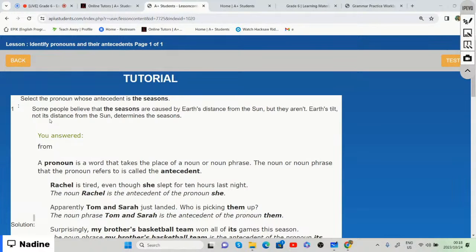Earth's tilt, not its distance from the sun, determines the seasons. So basically, some people believe that the seasons are caused by Earth's distance from the sun, but they aren't. Earth's tilt, not its distance from the sun, determines the seasons.